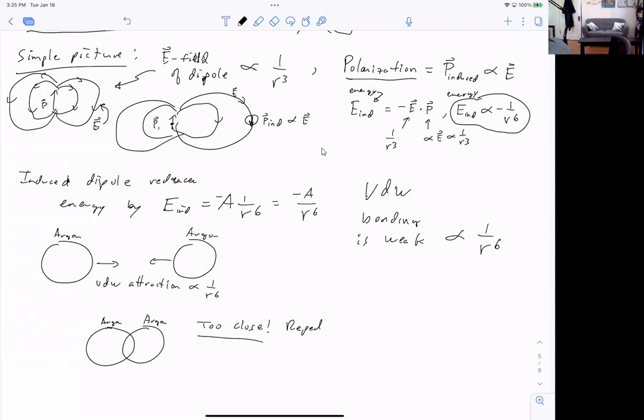And you can think of that as they repel. There are different ways of thinking about that. One way is people call that polar repulsion.